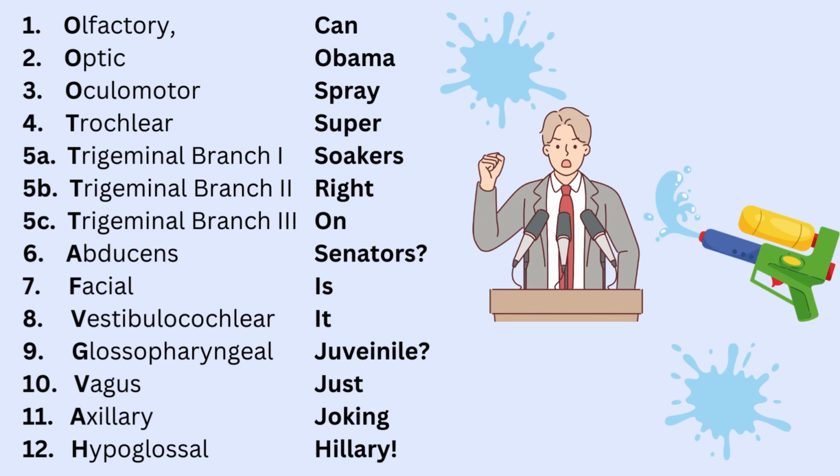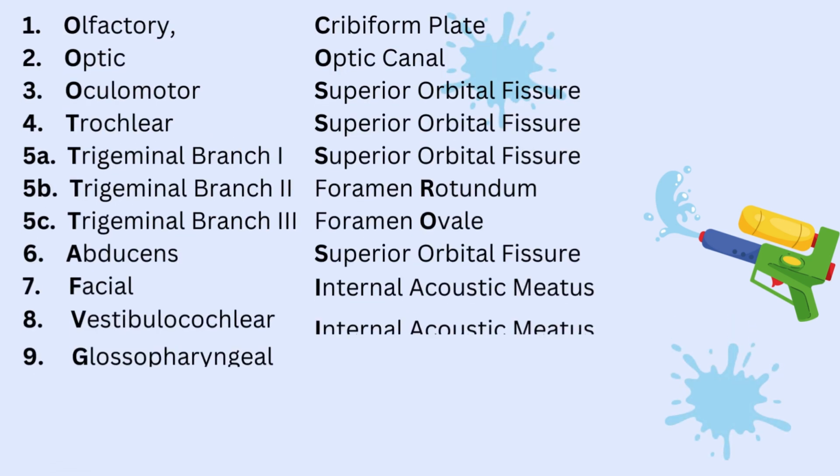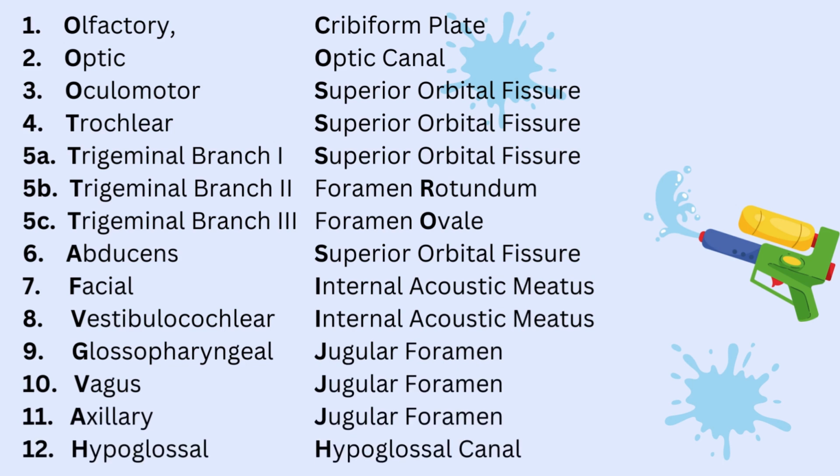And so we're using the cranial nerves, splitting up trigeminal into 3 to denote the location at which the cranial nerves exit the skull, with C standing for cribriform plate, O optic canal, S superior orbital fissure, R foramen rotundum, O foramen ovale, I internal acoustic meatus, J jugular foramen, and H hypoglossal canal.